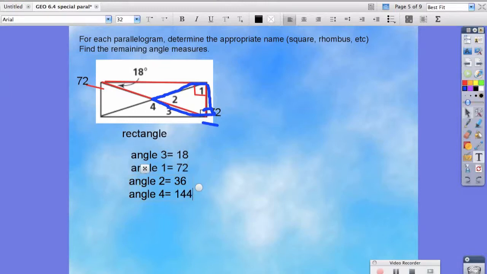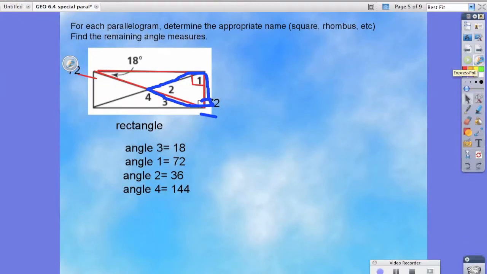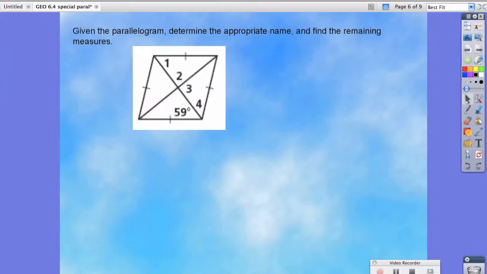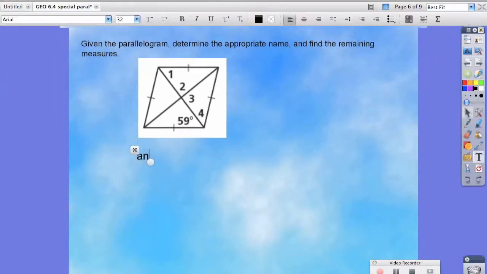Let's try another problem. Given the parallelogram, determine the appropriate name and find the remaining measures. In here, because all 4 sides are the same, we know that we have a rhombus. And because in a rhombus the diagonals bisect the angles, we know that angle 1, because of alternate interior angles, is also 59 degrees.